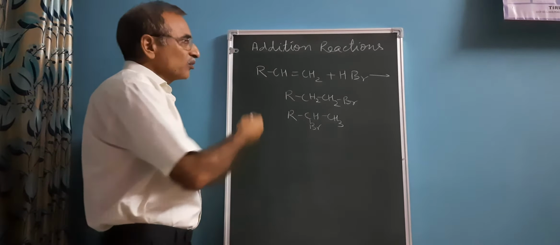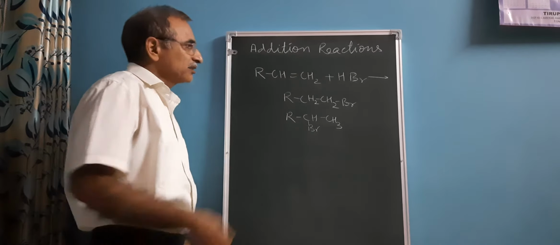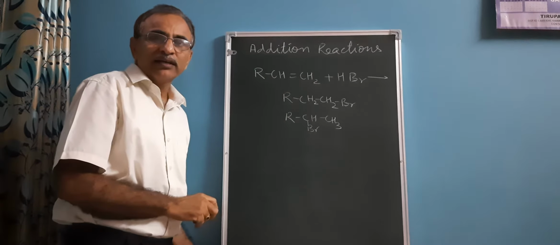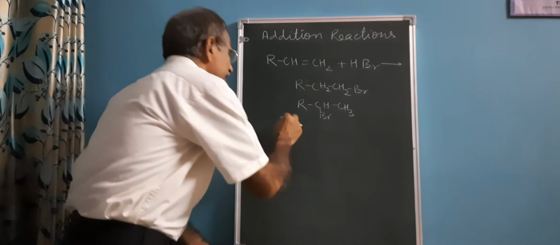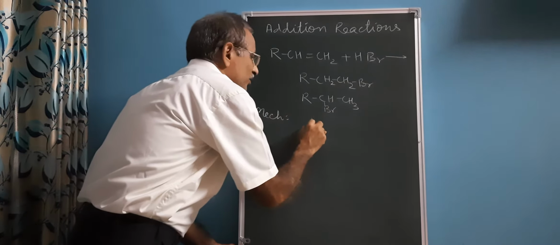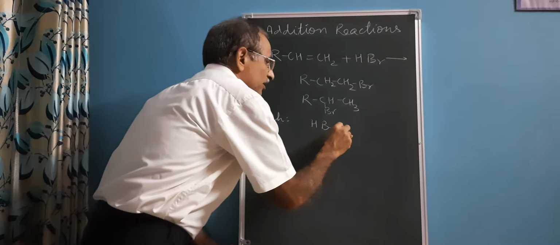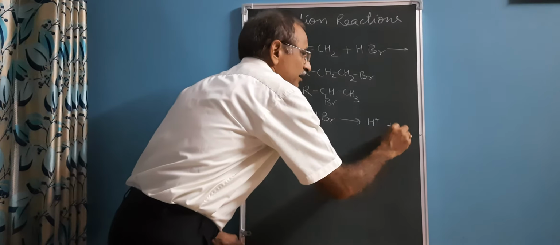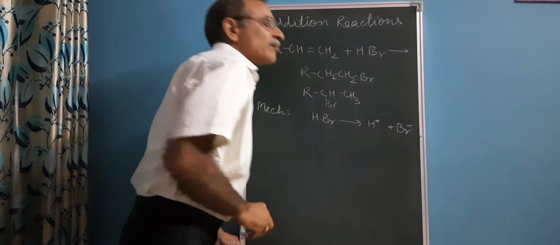But when we are going to write its mechanism, this reaction follows electrophilic addition reaction. Here, when you write the mechanism of this reaction, you can easily observe that HBr will provide H electrophile and this bromide.